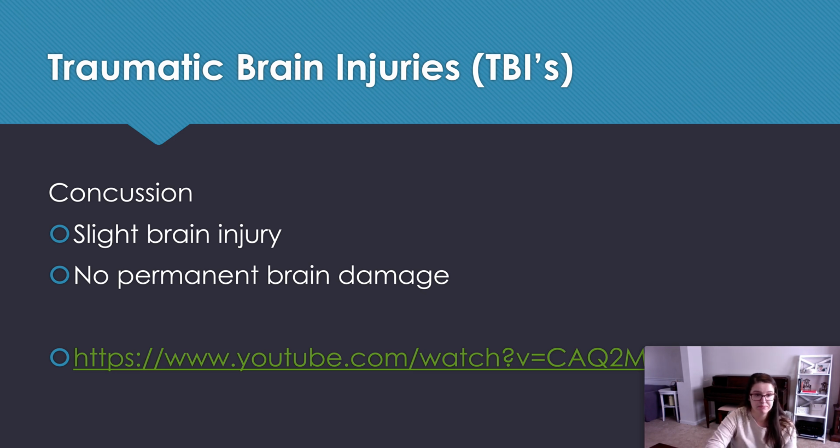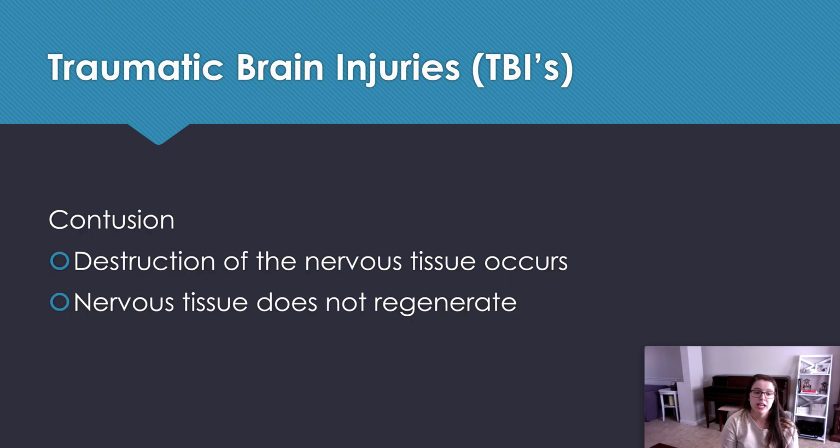That's concussion. A contusion, on the other hand, is when it's a more forceful blow that there is going to be destruction of nervous tissue. Because of this destruction, there's most likely going to be brain damage because nervous tissue does not regenerate.